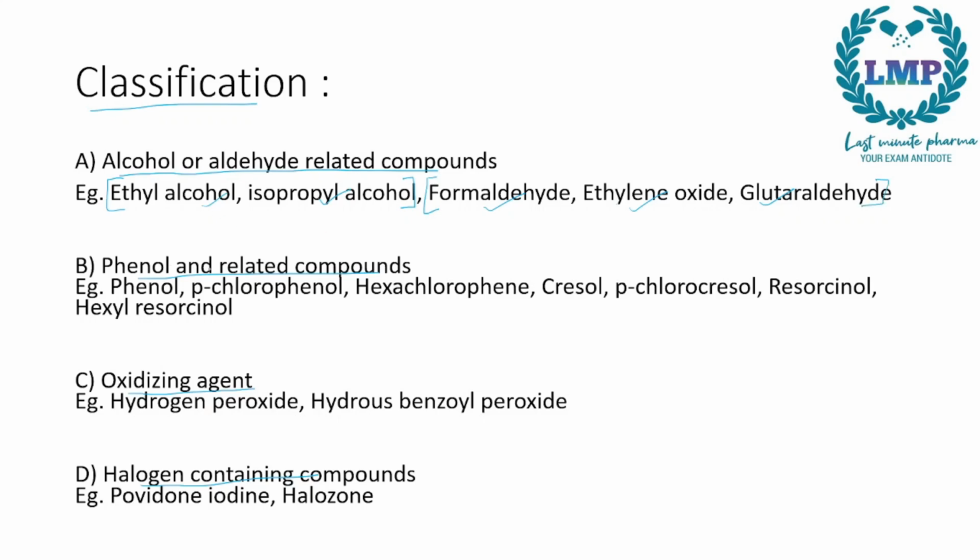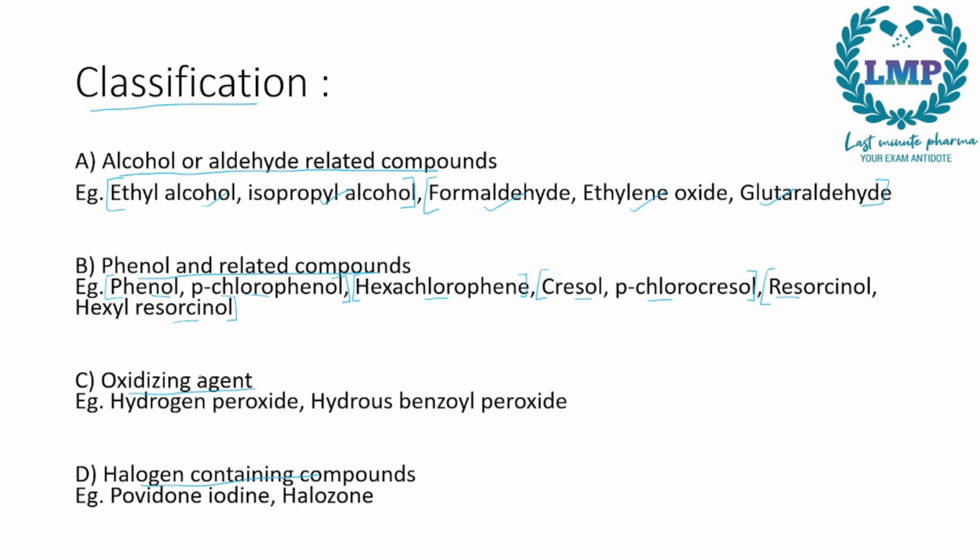Next we will go on to phenol and related compounds. We have phenol, parachlorophenol, hexachlorophene, cresol, paracresol, resorcinol, hexylresorcinol. So we will club phenol and parachlorophenol together, hexachlorophene separately, cresol and paracresol, resorcinol along with hexylresorcinol.